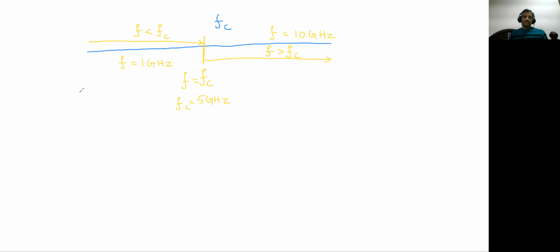This you call the first case, this I am calling the second case, and this I'll come to as the final case. Based on the frequency of operation, we'll always have three cases.